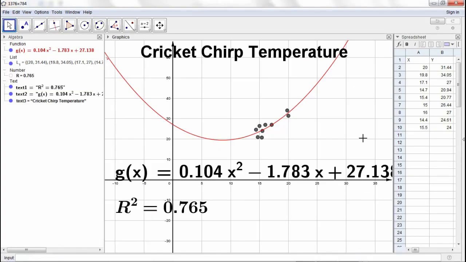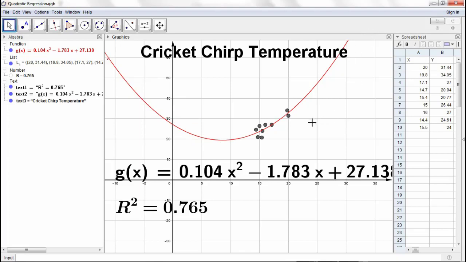Let us look closely at the graph using GeoGebra. As we can see, the graph of the quadratic function is a parabola, concave, that opens upward. The coefficient a is positive, greater than 0. That's why it is a curve that opens upward.